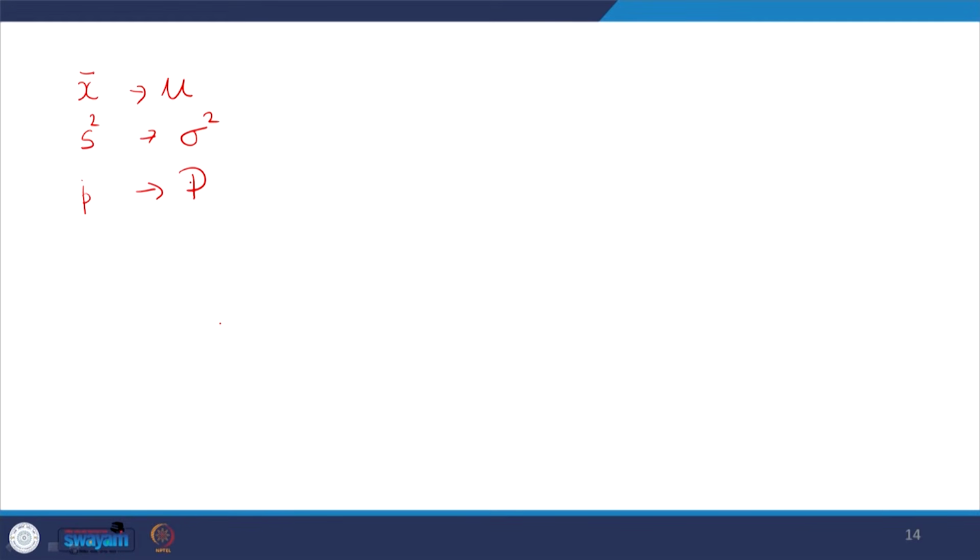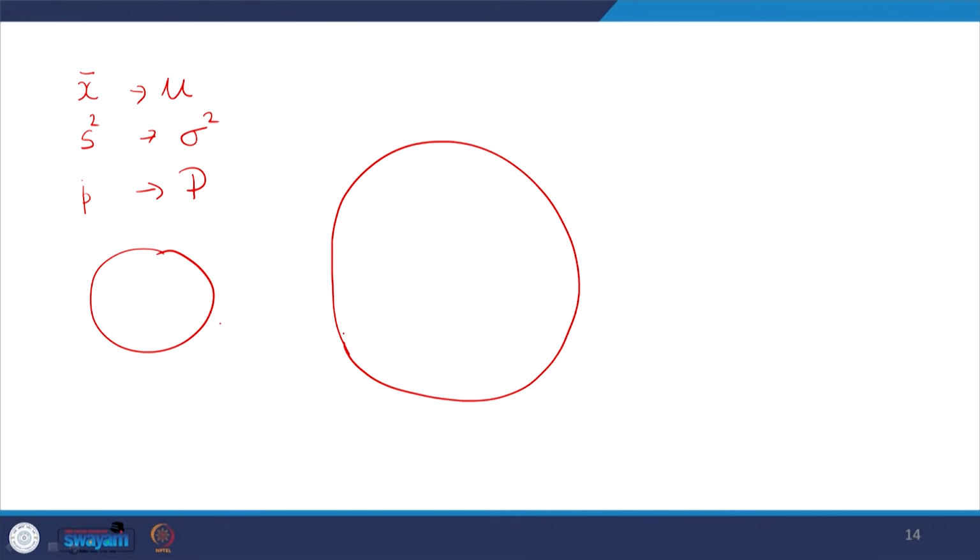In regression, what is happening is there is a sample, the smaller circle is the sample, the bigger circle is the population. I have some x and y values from the sample. With the help of the x and y values, I have predicted a regression equation y equal to b0 plus b1 x.